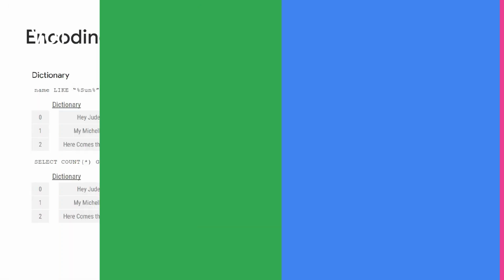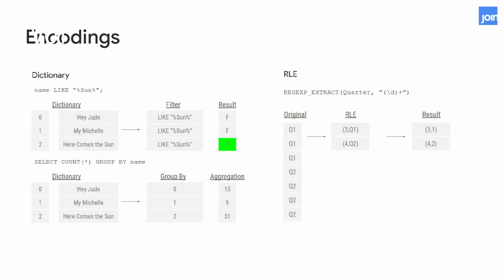The other thing that we're doing is using many different encodings. In this slide, I'm showing a couple of them, but we have about a dozen. Two very common encoding techniques are dictionary encoding and RLE, run length encoding. Dictionary encoding works really well when you have a column with very few distinct values in it.